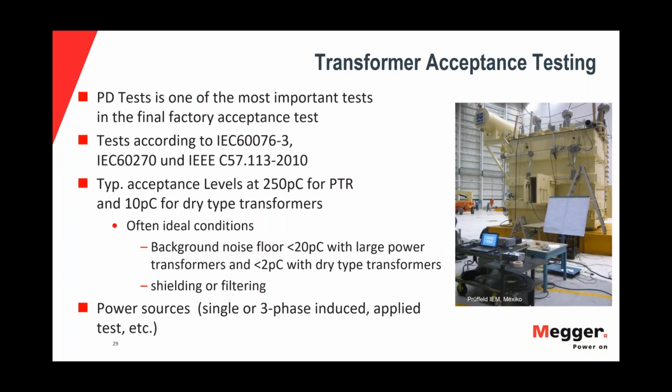And transformer acceptance testing done in the lab or in the factory is one of the most important tests done in the final factory acceptance test according to various IEC and IEEE standards. Typical acceptance levels are 250 picocoulomb for a power transformer and much less, 10 picocoulomb, for a dry type transformer.